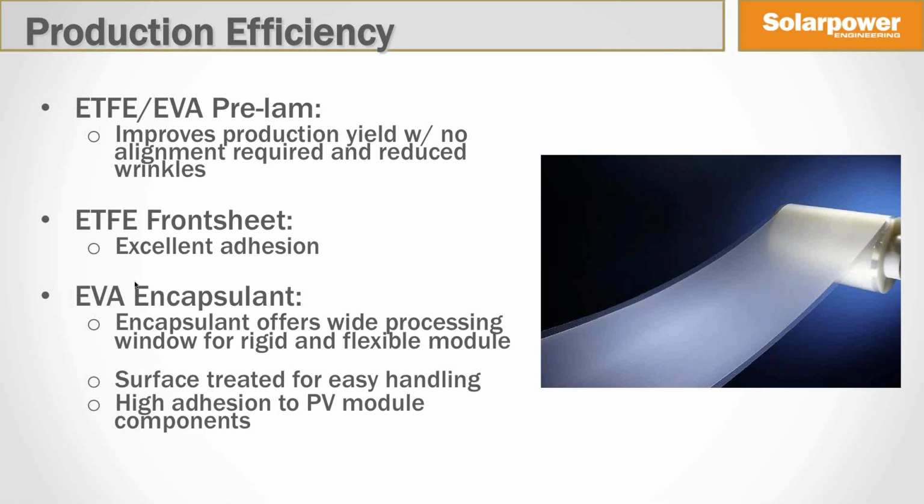And it also has very high adhesion to PV module components to prevent any delamination in the field. We also offer a third product, which is a combination of these two, known as the ETFE EVA prelam, also known as the Lightswitch Front Sheet Complete. And the picture of that product is over here. On the top is the ETFE film, and at the bottom is the EVA encapsulant.